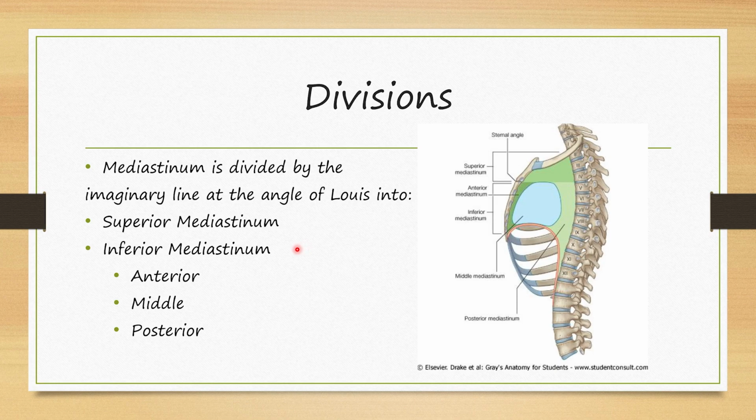The inferior mediastinum is also separated into three parts: anterior, in front, middle, and finally posterior, on the back. Here is the diagram. This is the line right here. Here is the superior mediastinum, and below there is the inferior mediastinum, which is separated into anterior in front, middle, which is this area right here, and posterior on the back, which is this area right here.